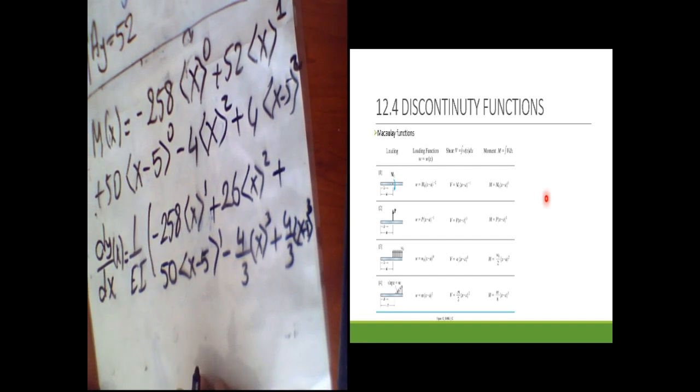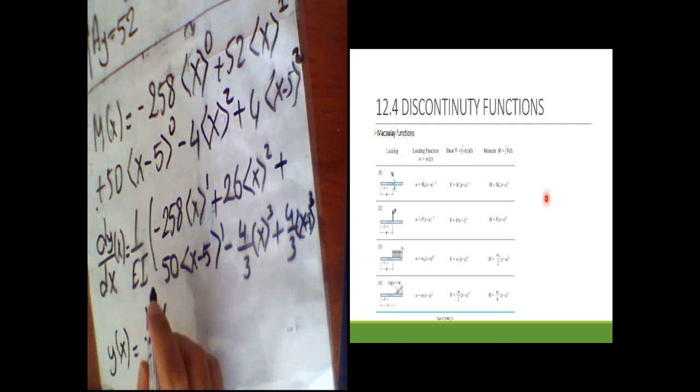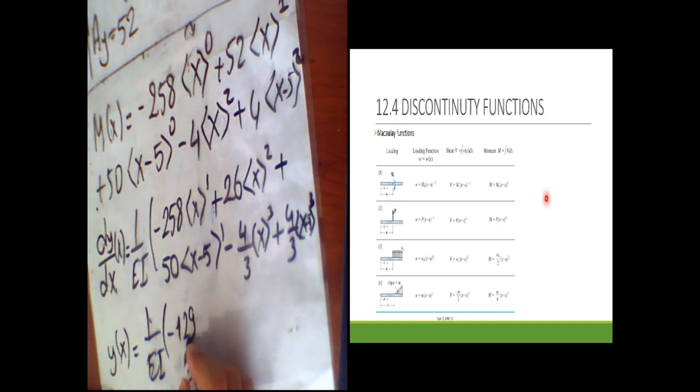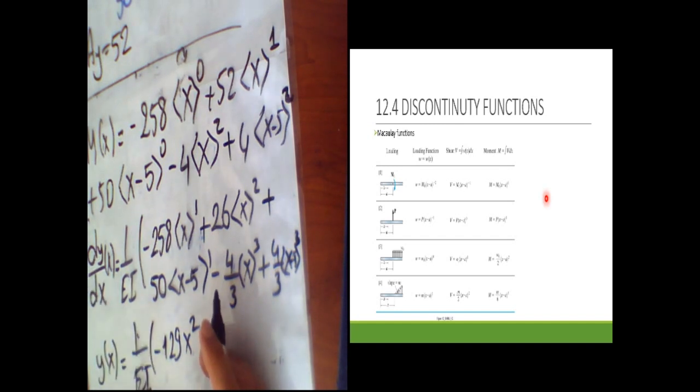So one more integration, y times 1 over EI equals minus 129 x to power 2. I'm sorry, in order to gain space I don't want to write these parentheses.